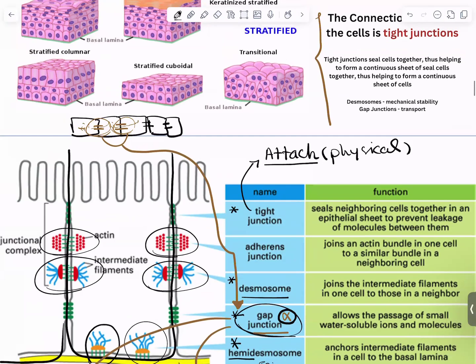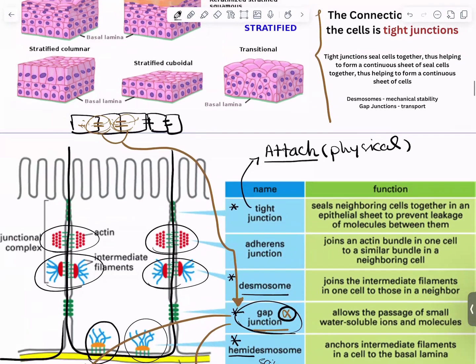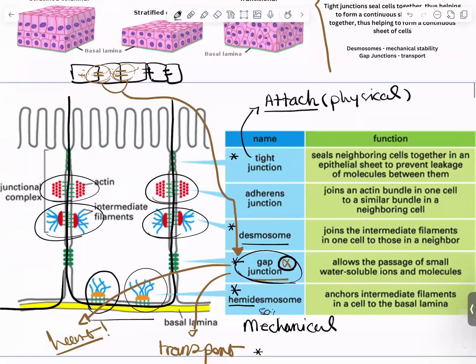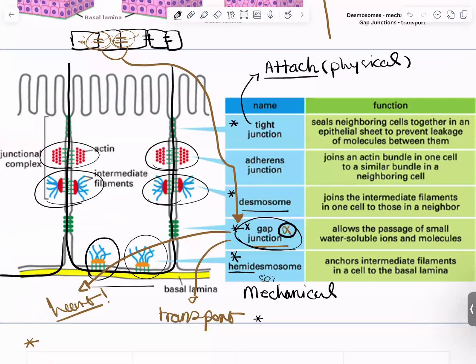Could an example of a gap junction be the plasmodesmata in plant cells? Between the plant cells, I think we have another system. It's not a gap junction.